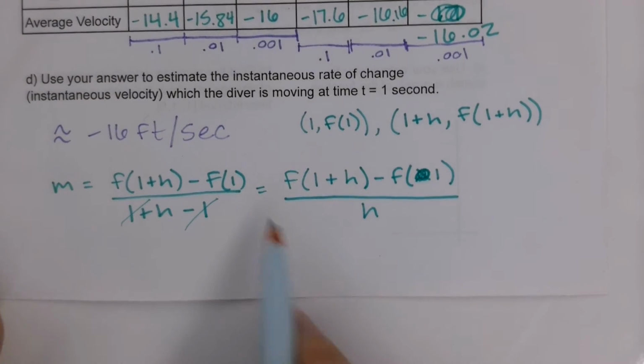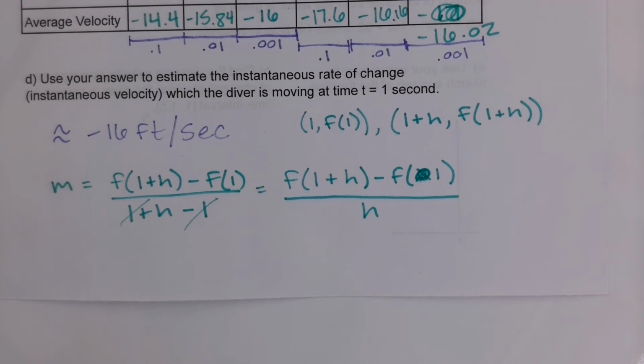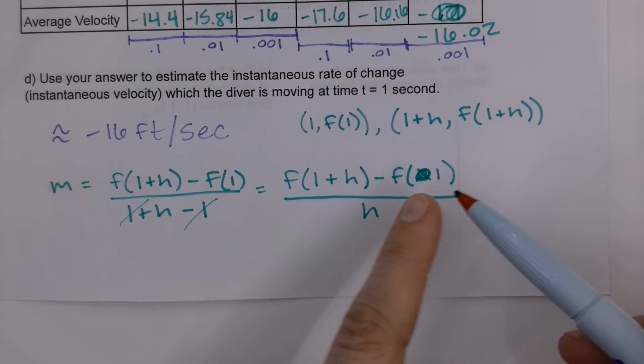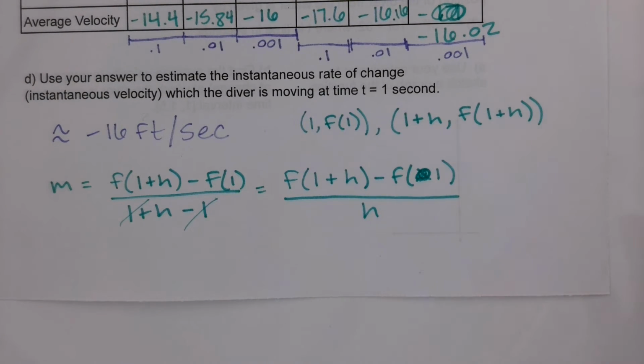Okay, so this is how we found the average slope between the 2 points. We had our point that we knew, the f of 1, and then we were always looking at another point. Now to find instantaneous slope, we needed those points to get closer and closer together.